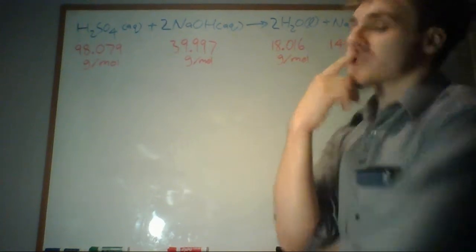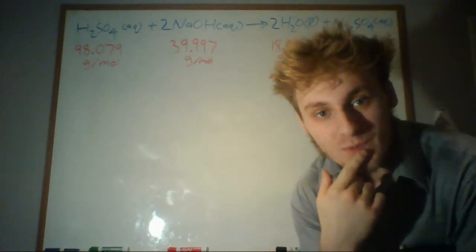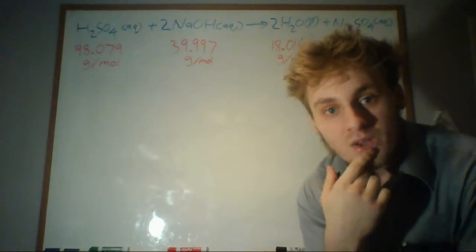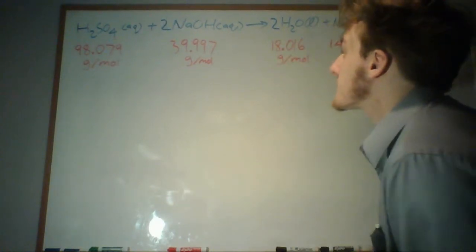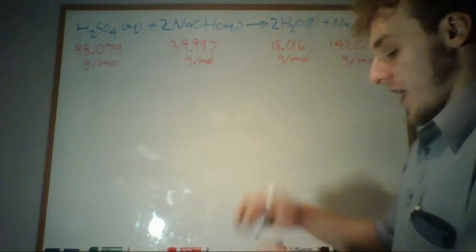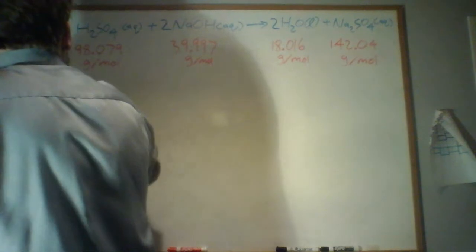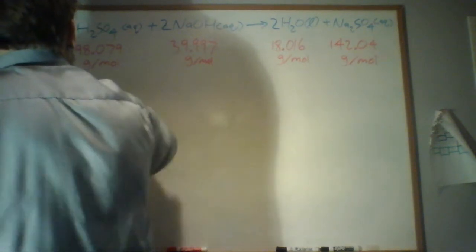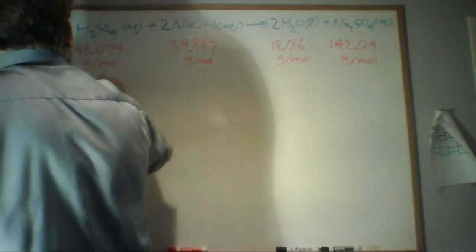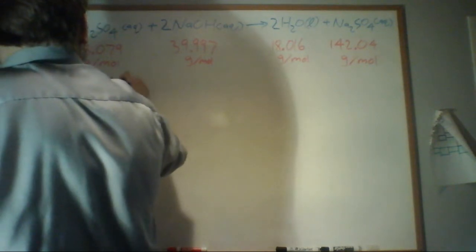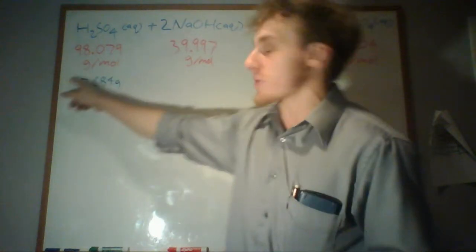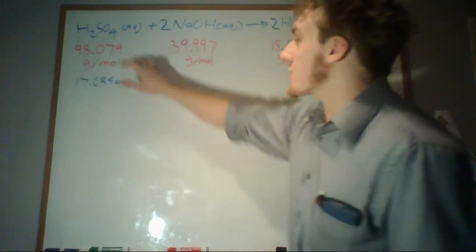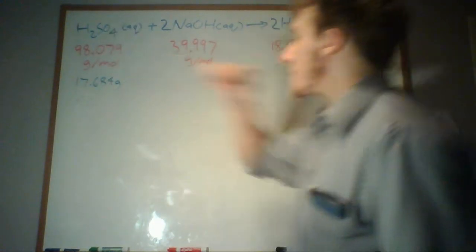Okay, now let's try to come up with a problem. I didn't really have one in mind when I started this video, but let's try to come up with one. Let's say we had 17.684 grams of this sulfuric acid.